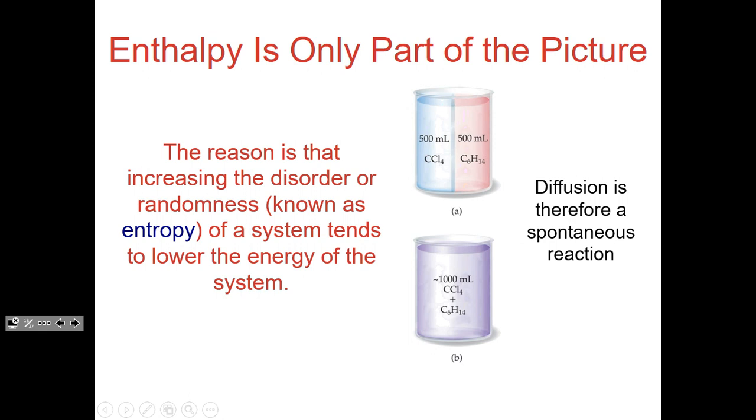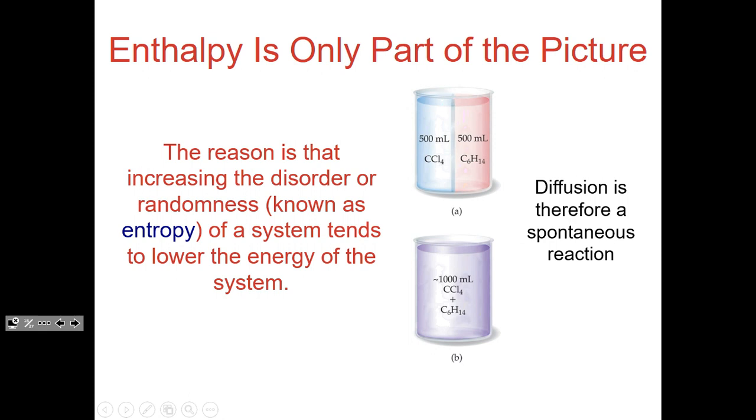So really what's happening in this case is when we have a situation where we're increasing in disorder, we have these two gases that are separated in a container. When we remove the separation, they spontaneously mix with each other and disperse. And because that's increasing the amount of disorder, we have an increase in entropy.